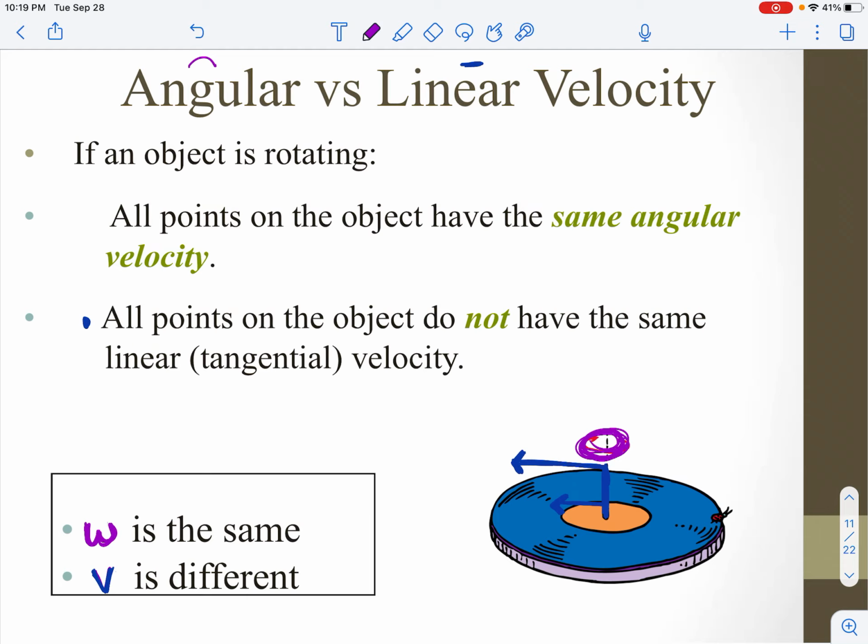So this entire circle is going to rotate together. I will not rotate this part of the circle without rotating this part of the circle. They both rotate together. So that's what we mean when we say that our angular velocity is the same everywhere. It doesn't matter if we're close to the middle or if we're close to the edge, that angular velocity is going to be the same no matter what.